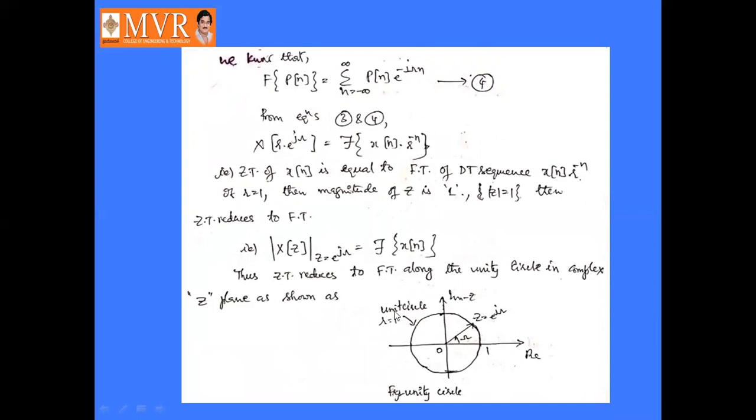So the Z transform reduces to the Fourier transform along the unit circle in the complex Z plane, as shown in this diagram. This is the Z plane. So this is the imaginary axis and this is the real axis. This is the radius 1, with z equal to e power j omega. This is the angle omega. So this is the unit circle with radius equal to 1.